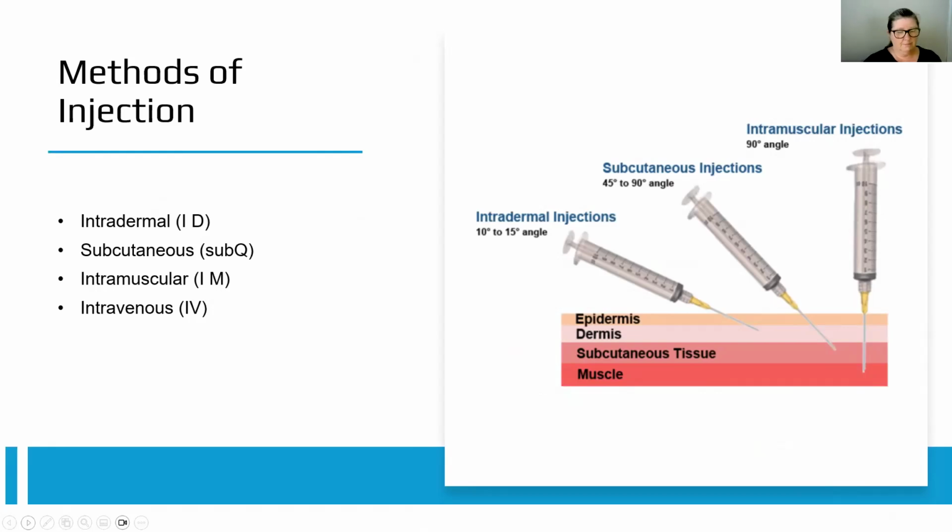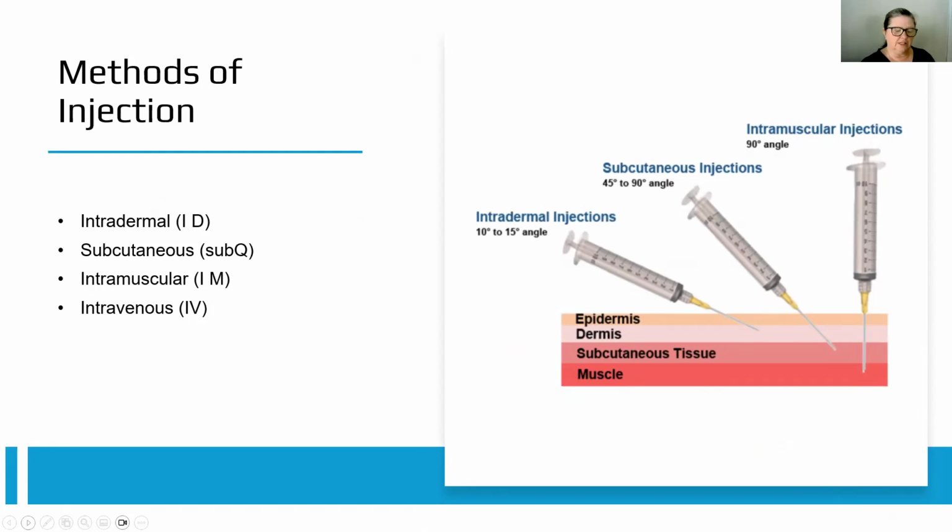Now, because, like I said, the majority of MAs do not do IV medication administration, we're just going to focus on the first three, which you can see here. My diagram shows you exactly where the medication goes based on that type of injection. So the ID injection, and these are done primarily for like TB testing.